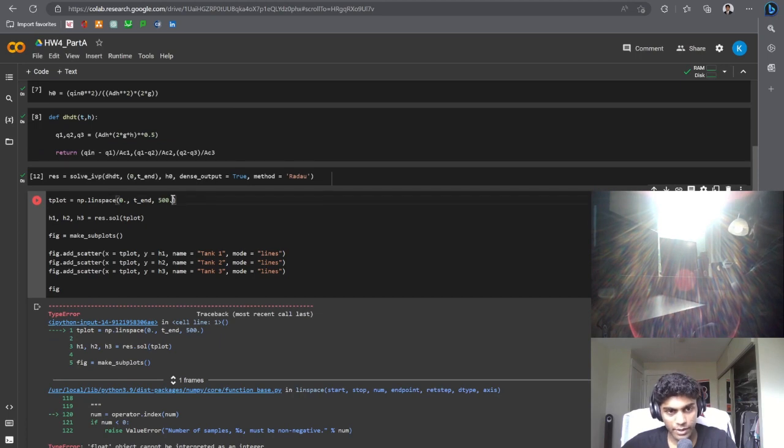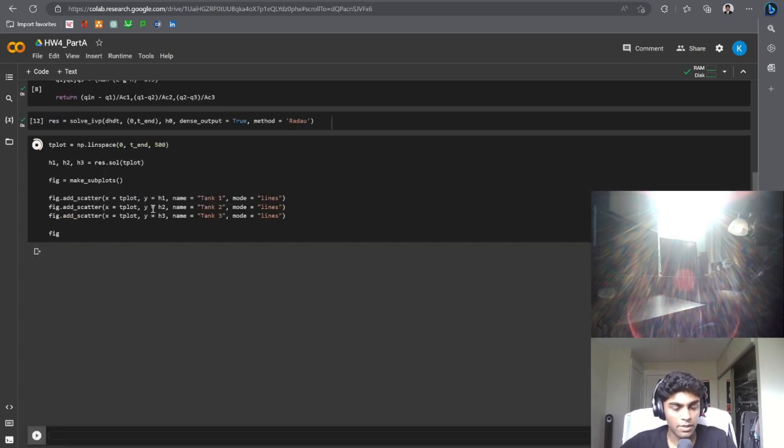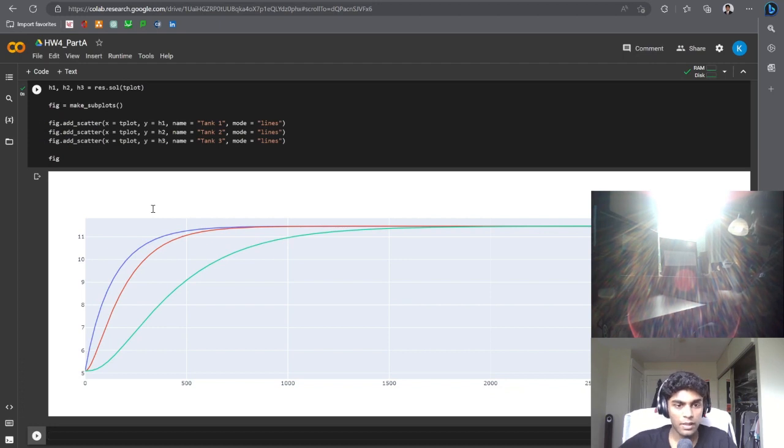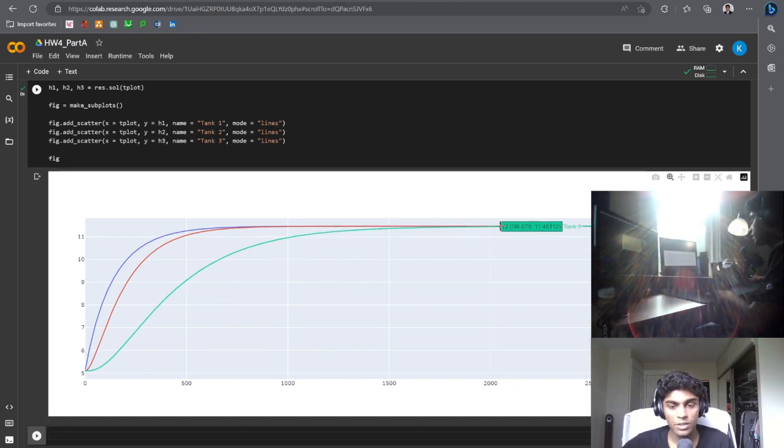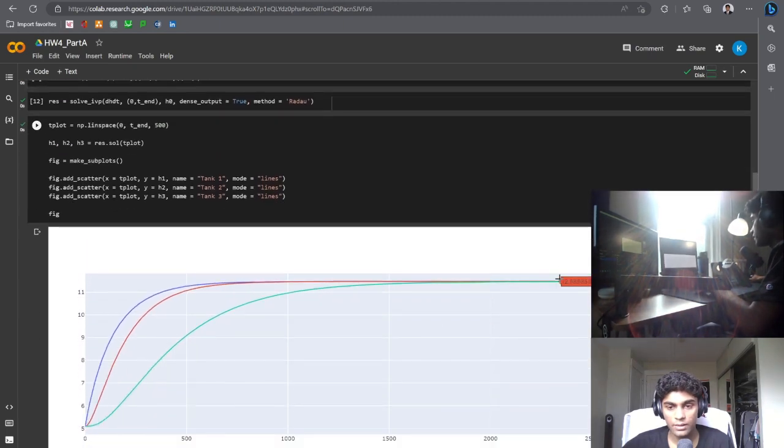So it turns out we can't have floats in our linspace. So let's see if that fixes it. And we can see that we start at our initial height, and eventually, over the time span of 3,000 seconds, our tanks eventually even out at this value here.